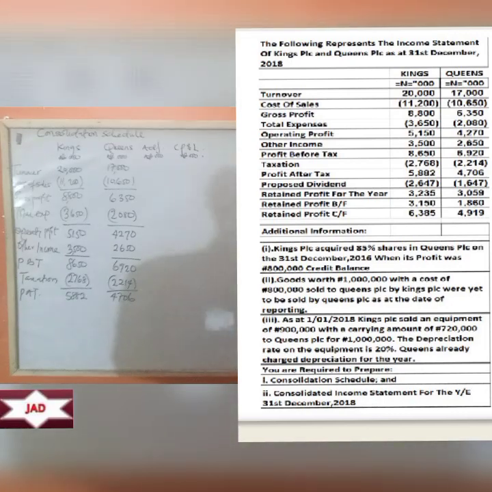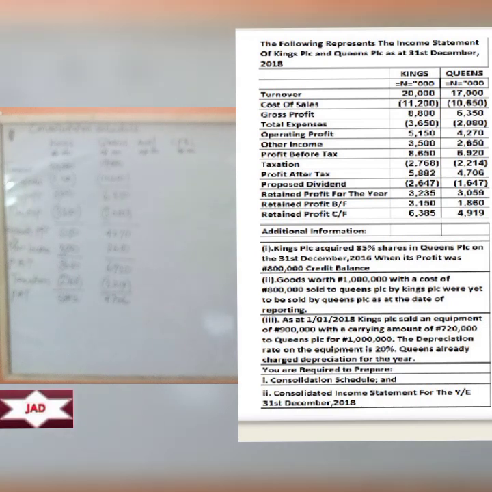Okay, so what's the first adjustment there? Kings PLC acquired 5% in Queens on 2016 when profit was 800 credit balance. Now goods worth 1 million with a cost of 800 sold to Queens PLC were yet to be sold. That's unrealized profit on intragroup sales and purchases.